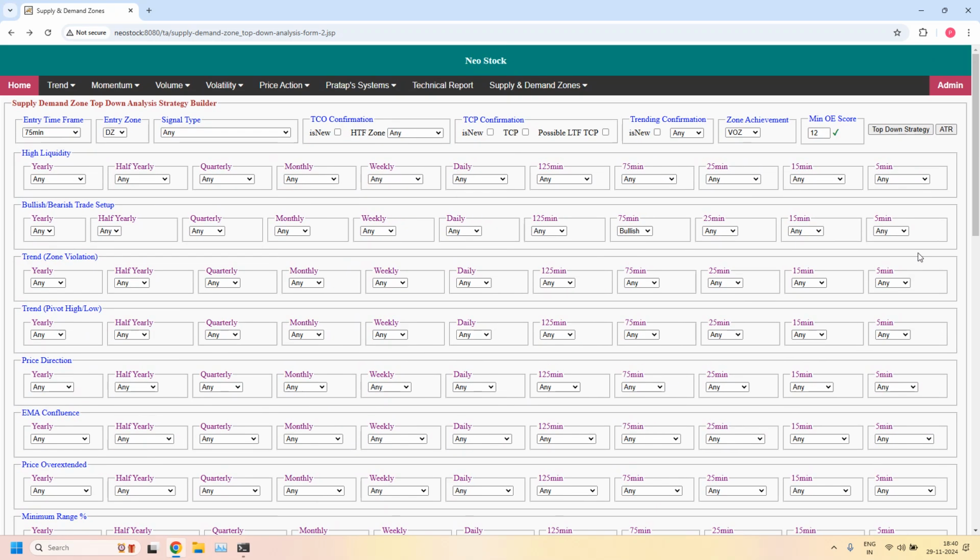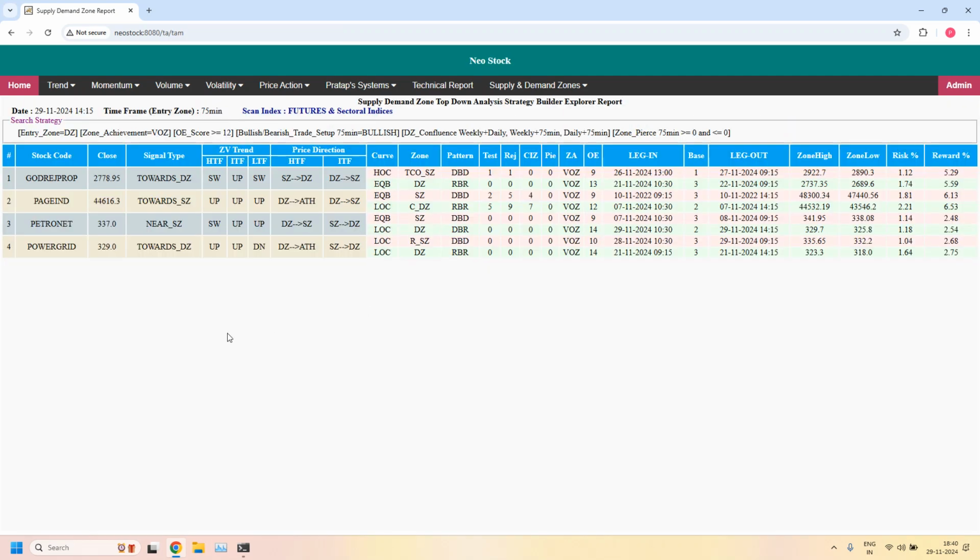With all the 3 filters, LTF, ITF, HTF demand zone confluence, we got 4 stocks. In all these 4 stocks, the 75 minutes entry demand zone is part of the daily demand zone. Both together again part of the weekly demand zone.